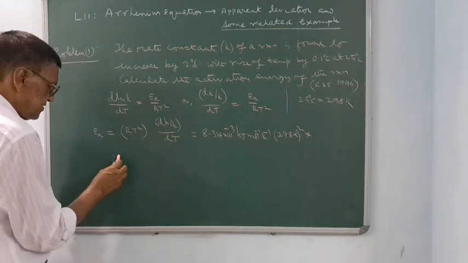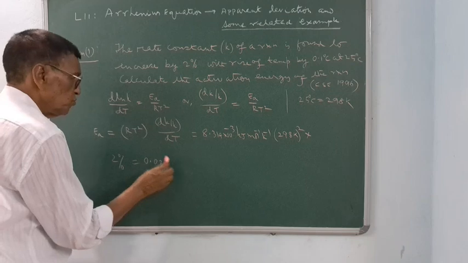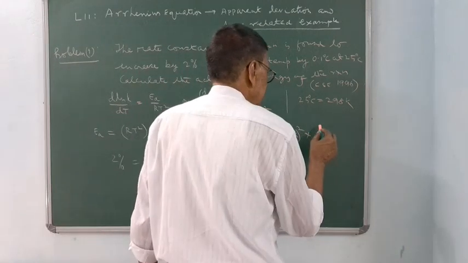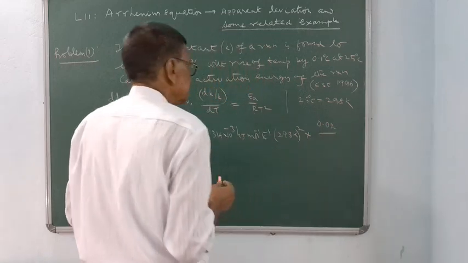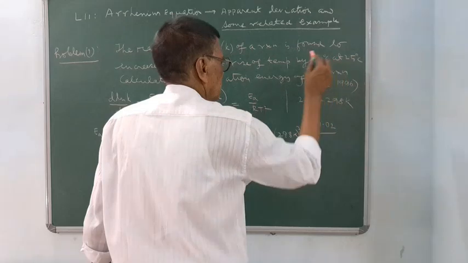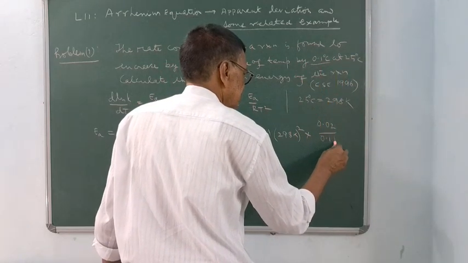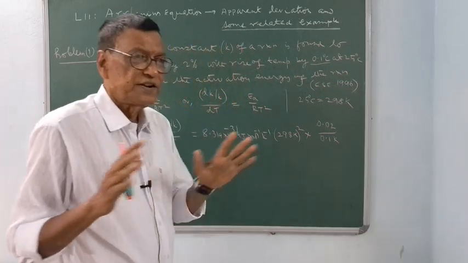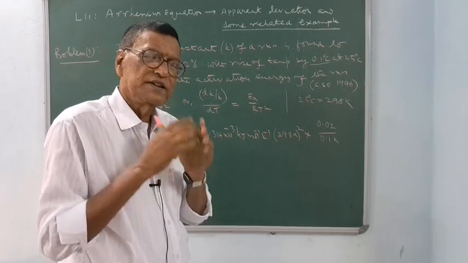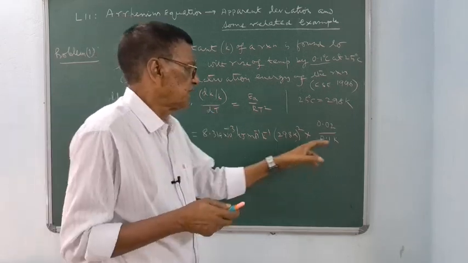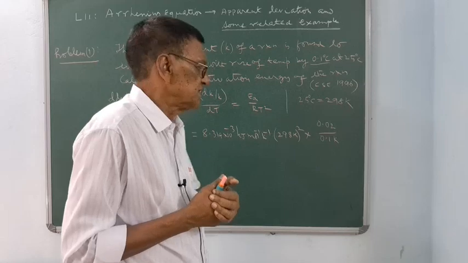2% means its value is 0.02. So the numerator is 0.02 and dT is 0.1 degree centigrade, and you know the difference of temperature in centigrade and Kelvin are the same. So instead of the centigrade scale, we write the Kelvin scale.